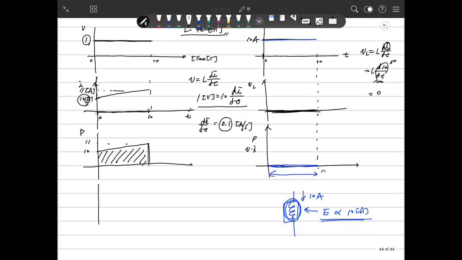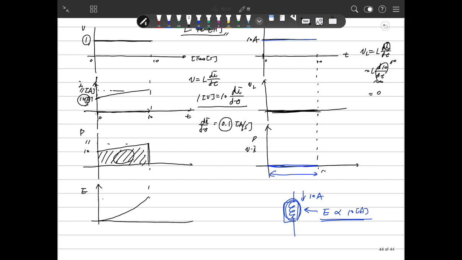Then the stored energy for this period is the integral over here. So it will increase in this form. Oh, sorry, that will be here.